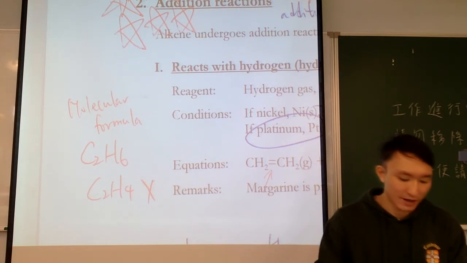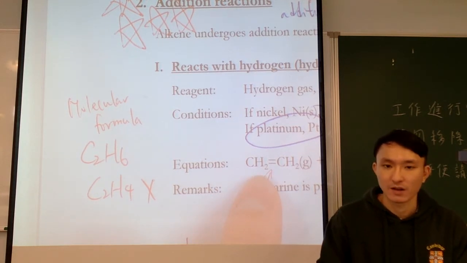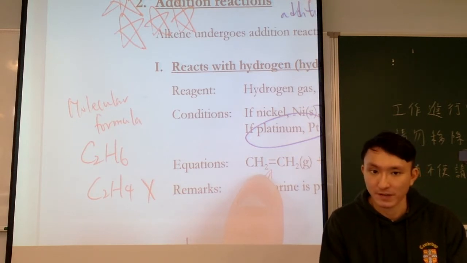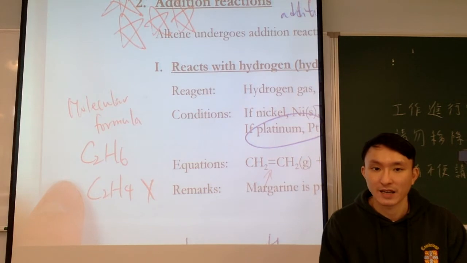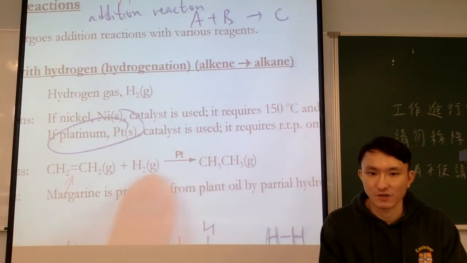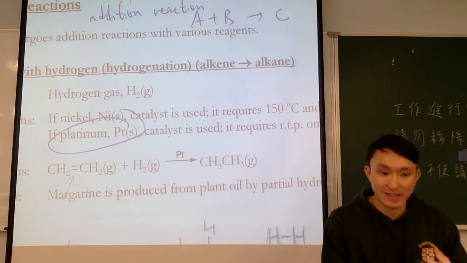This is structural formula, because the structural formula tells you about the structure, especially the functional group. Try not to use molecular formula anymore. So here, alkene reacts with hydrogen to form alkane. That would be my second remark.